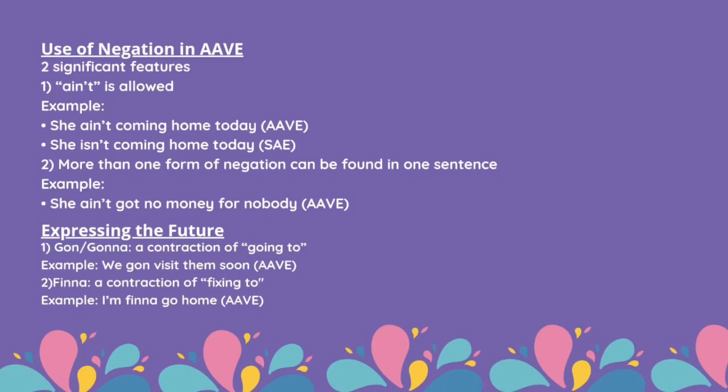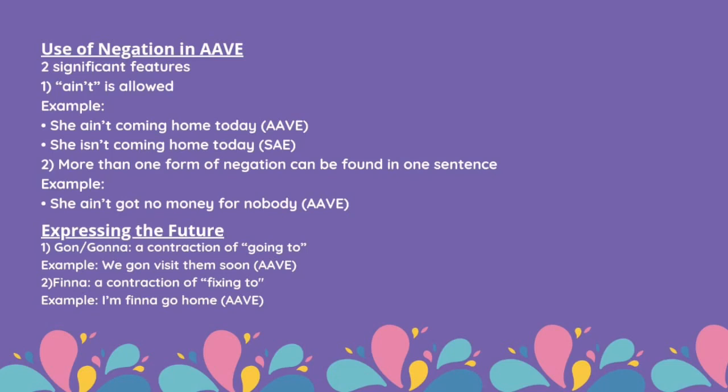Example, she ain't coming home today is the standard for AAVE, and she isn't coming home today is the standard for standard American English. Number 2, more than one form of negation can be found in one sentence. Example, she ain't got no money for nobody is the standard for AAVE.